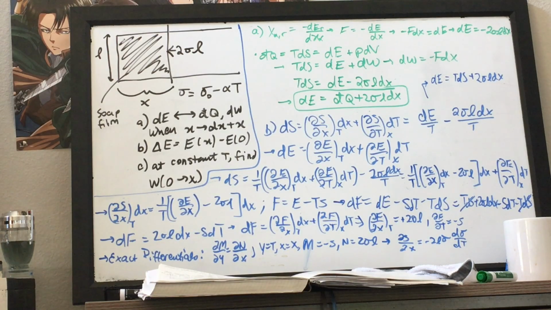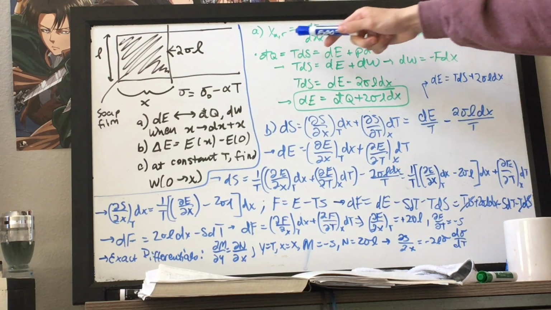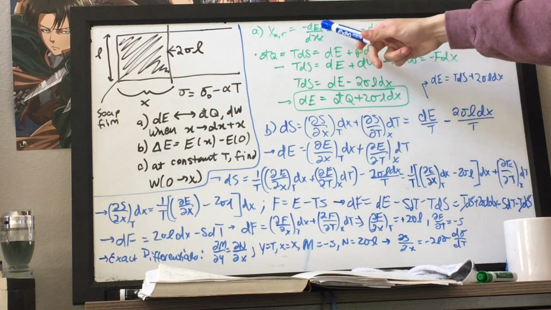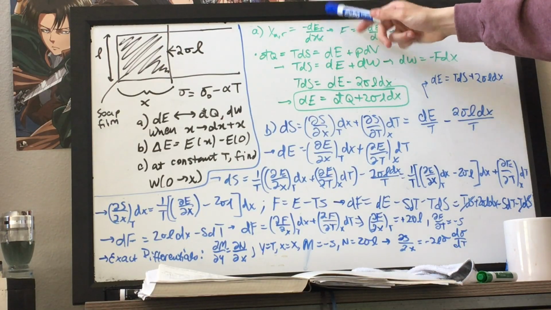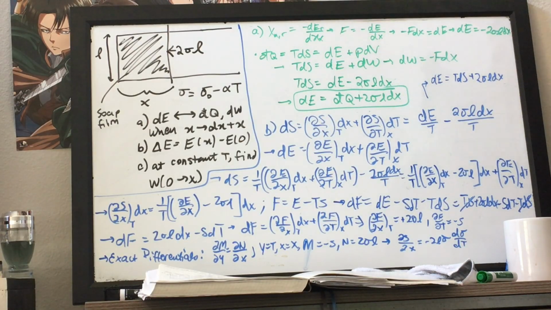For the first part of the problem, I'm going to shuffle over to the other side here. We're going to look back at some material from chapter 2, namely our generalized force conjugates. X sub alpha is equal to the negative change of energy with respect to the change in some parameter x sub alpha.